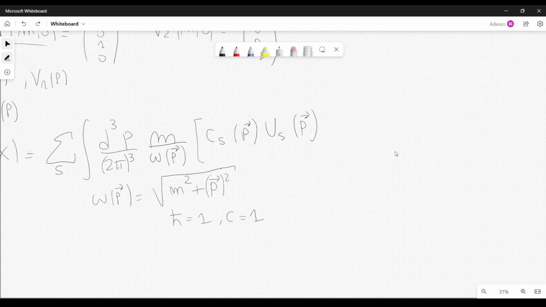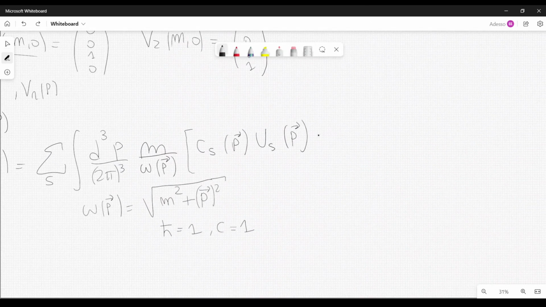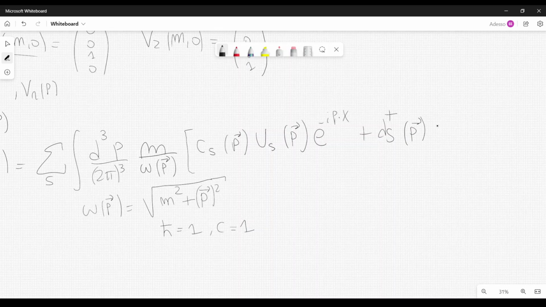And then this multiplies the plane wave e to the minus i p dot x, and then we have plus d sub s dagger of p, v sub s of p e to the i p dot x, written in this form.